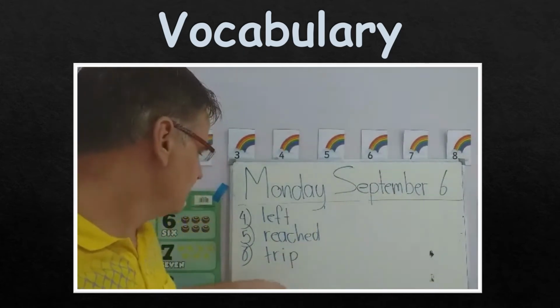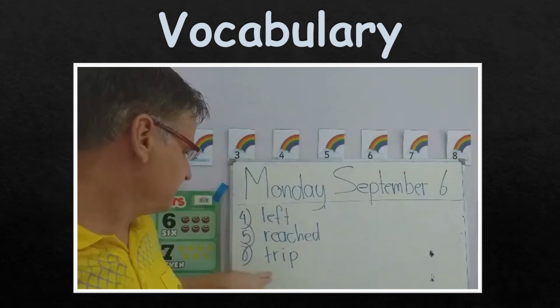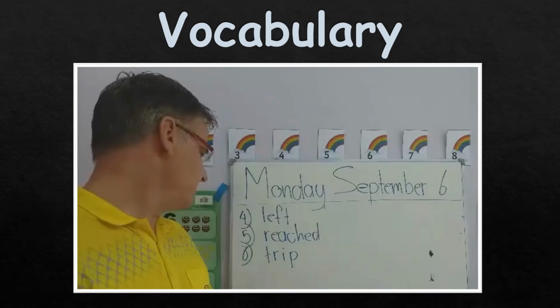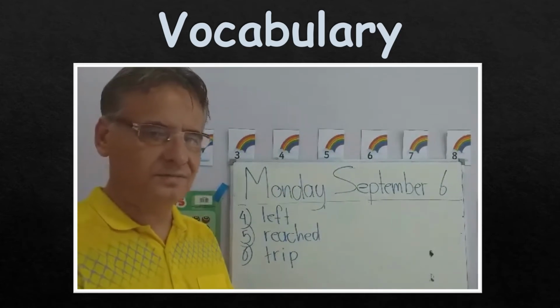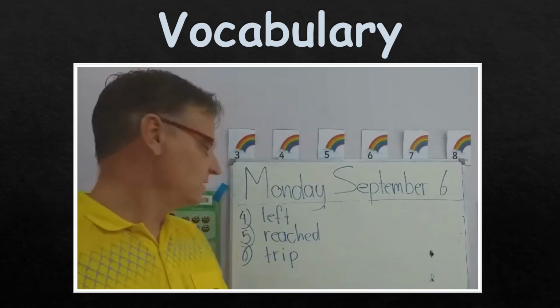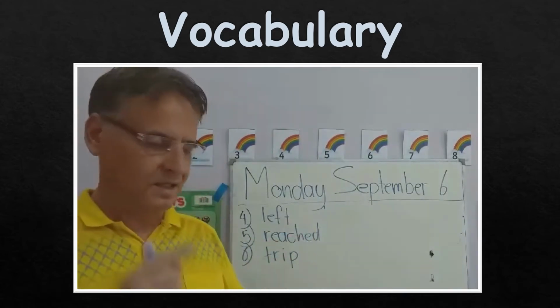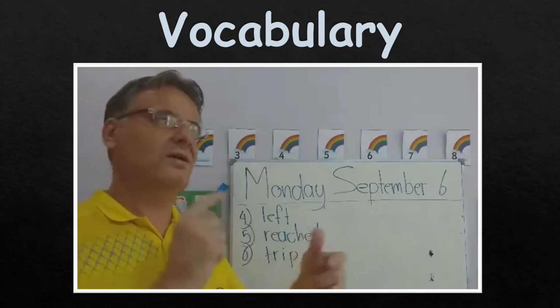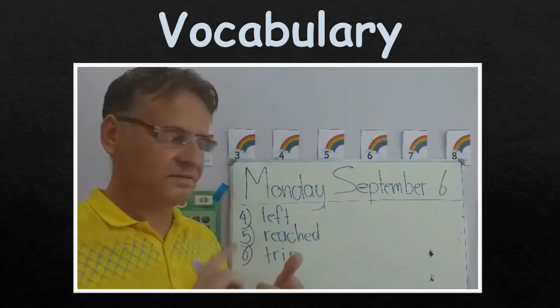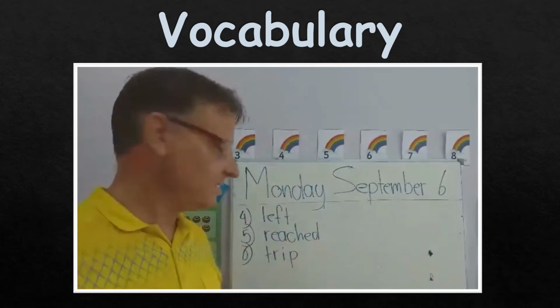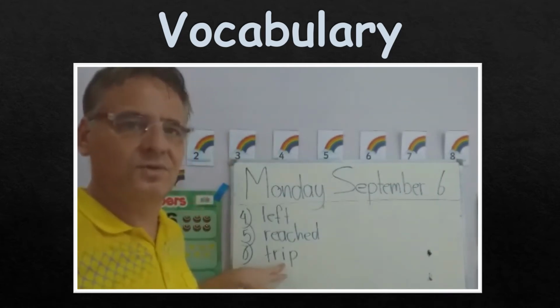And last one, trip. T-R-I-P. Trip can be short and can be very long. Usually you use trip to describe what I just did. I left the house at 8 o'clock. I reached school at 8:20. So the time between 8 and 8:20 is my trip to school.